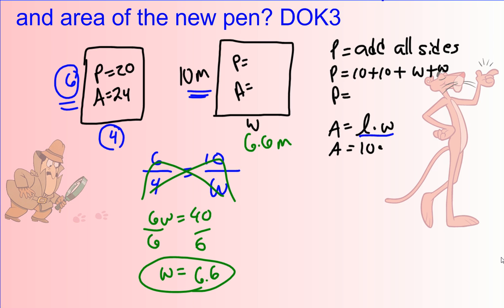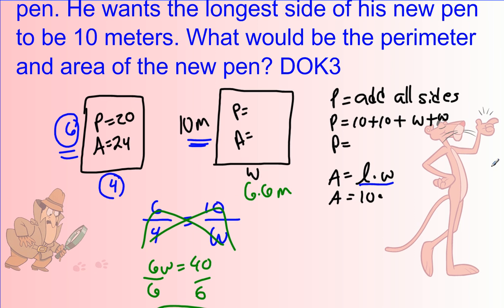I haven't answered the question yet. The question was, what is the perimeter and area of the new pen? But now I can figure it out. The area, I'm going to plug in 6.6 for the width. So 10 times 6.6 is going to be 66 meters squared. There's one answer.